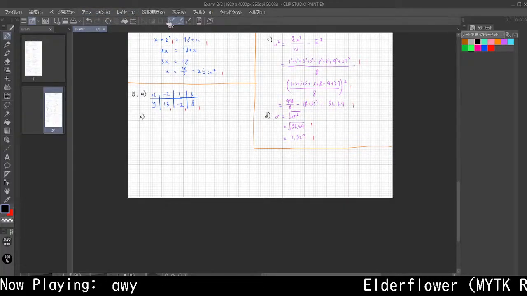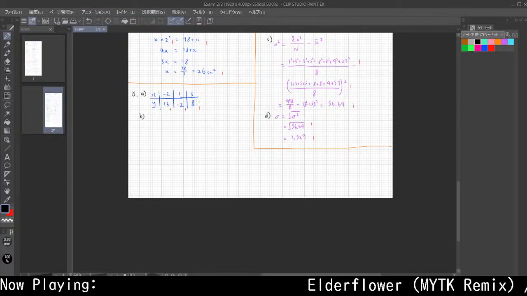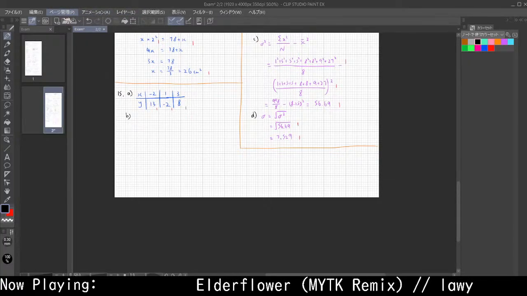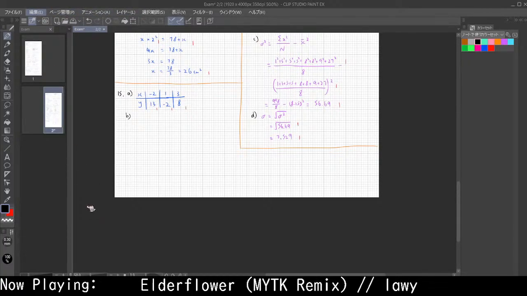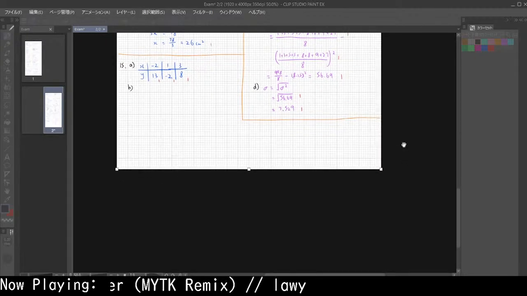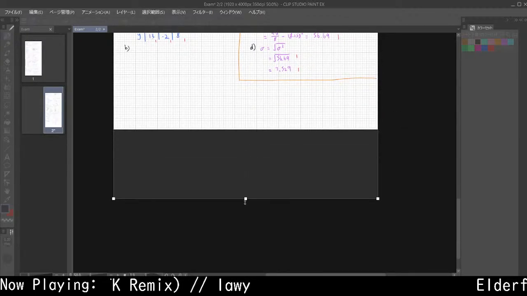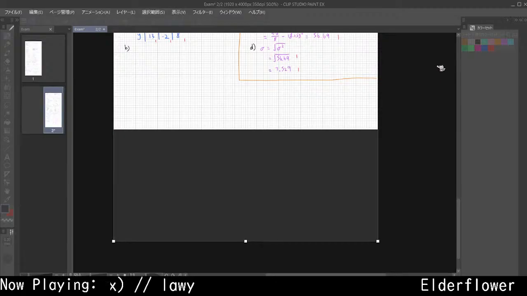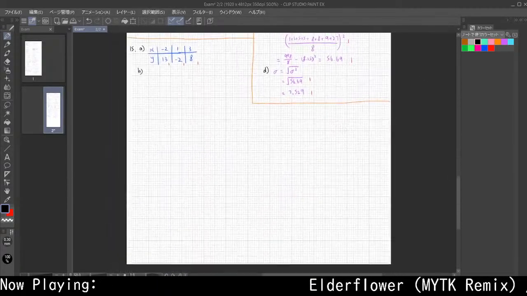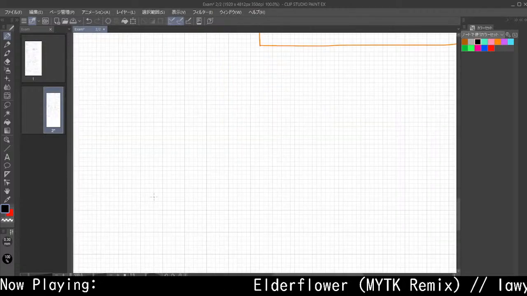I will need to go to another page anyway, but it's fine. Canvas size. Press OK. Okay, I definitely have enough space now.